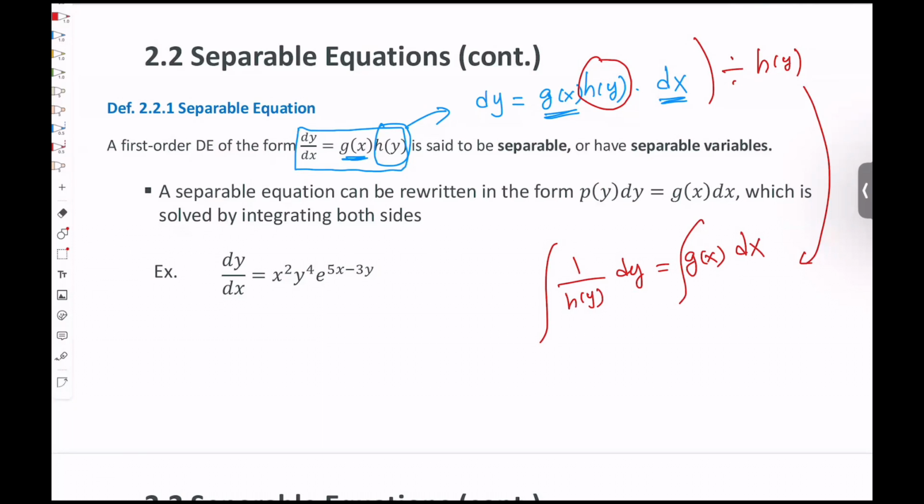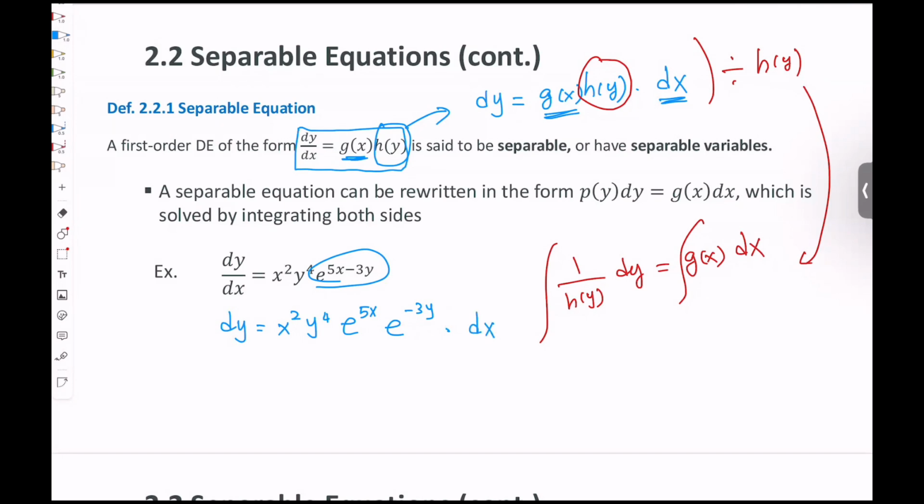So the first example, dy over dx equals x squared y fourth e to the 5x minus 3y. See whether this is separable or not. First thing we want to do is multiply by dx for both sides, right? So we have dy equals x squared y to the 4 e to the 5x, and e to the negative 3y times dx.